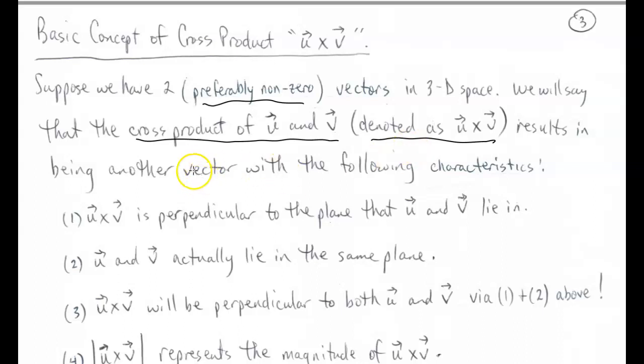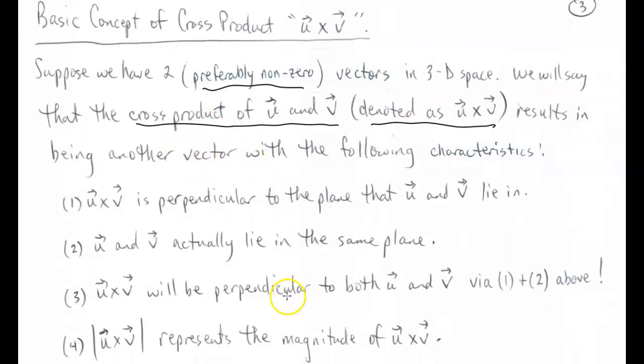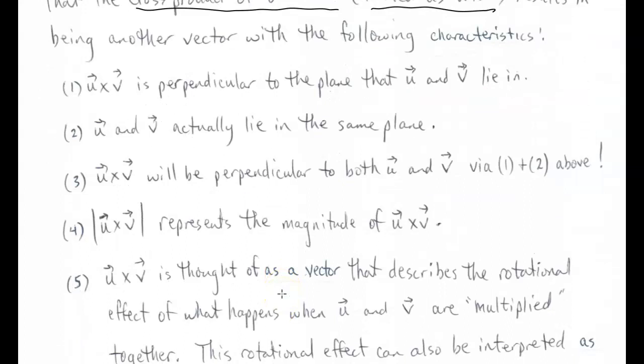Now, we want this cross product operation to have the following characteristics. Number 1, we want the cross product to be perpendicular to the plane that these 2 particular vectors are in. What I mean by that is this: the cross product of 2 vectors, we want that to actually end up being a vector as well.